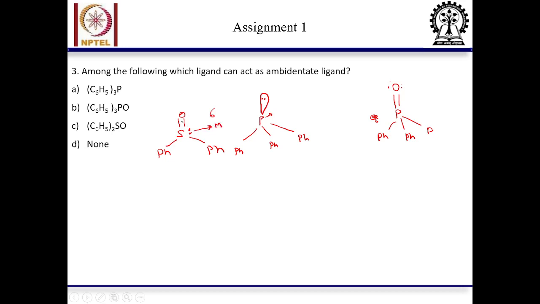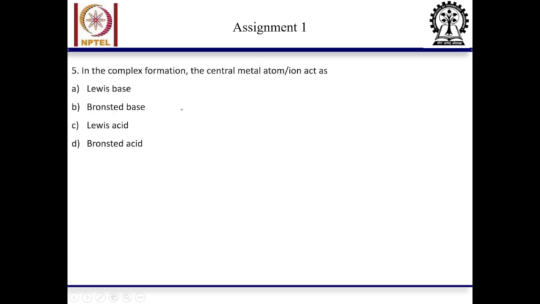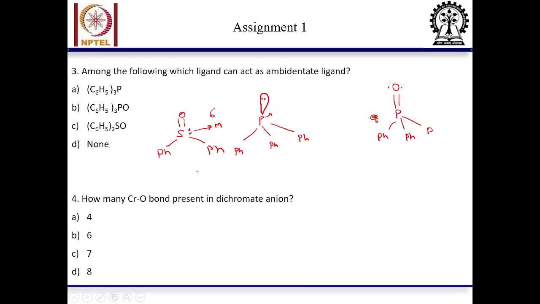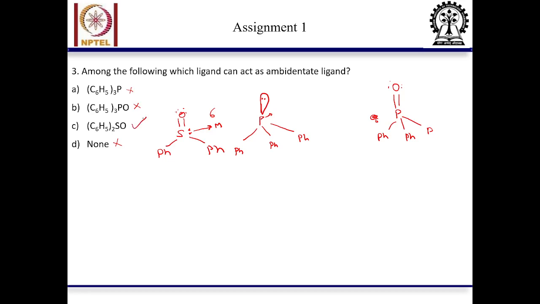Oxygen also has 6 electrons; 2 electrons bind through the sulfur, and 2 lone pairs are there, but oxygen can only donate one electron pair. So this is not correct, this is also not, this is not. The correct option is C.